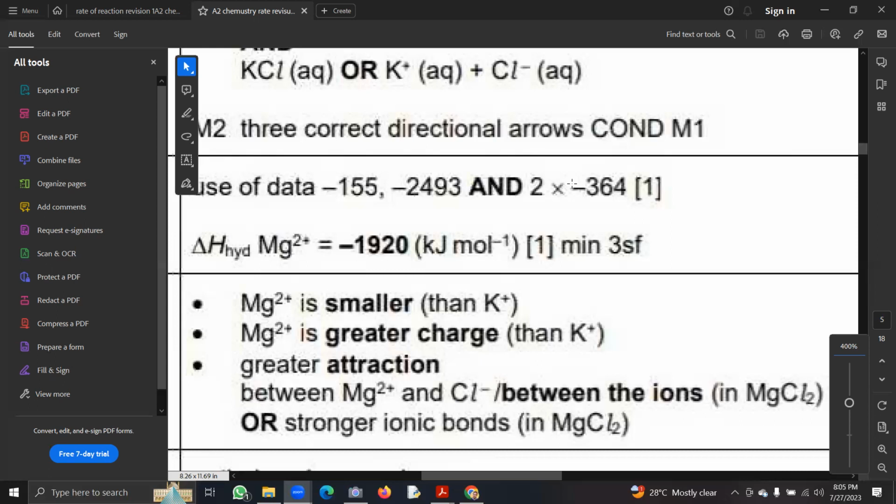I wrote: Mg2+ is smaller than K+ and Mg2+ is greater in terms of charge than K+. Hence, between Mg2+ and Cl-, there will be greater attraction.